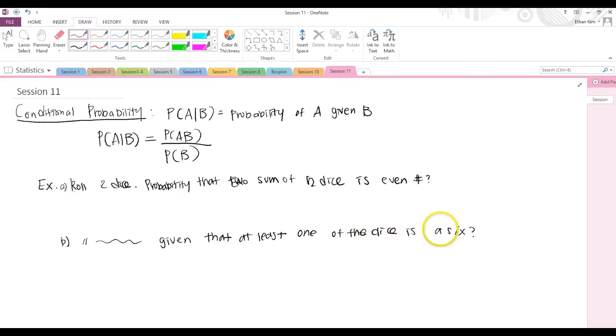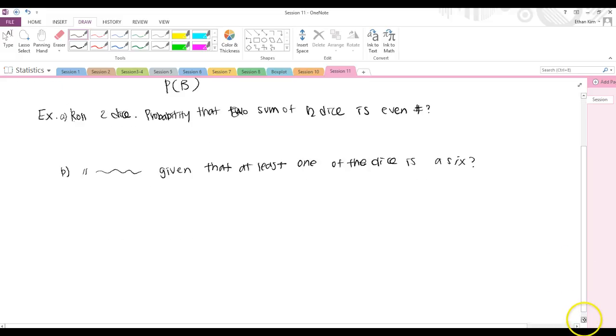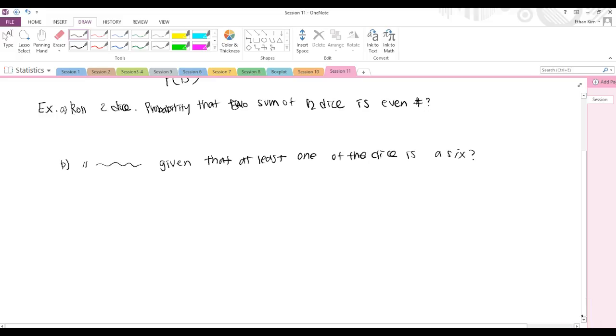So why don't we lay out all the possibilities here? Later on we're not going to do this, but this is our first time, so we're just going to write down every possibility.